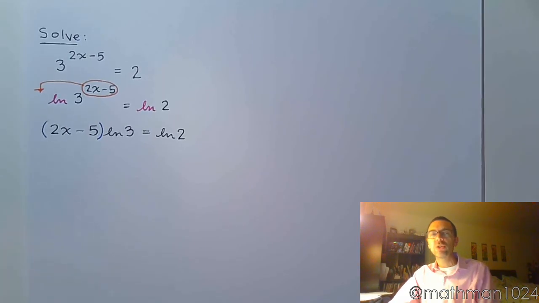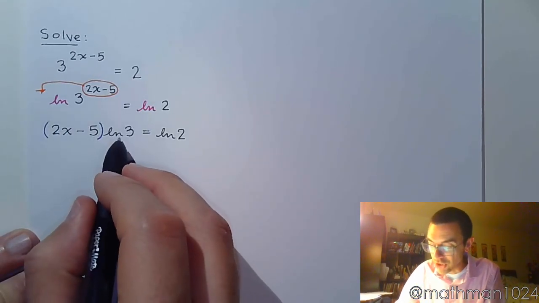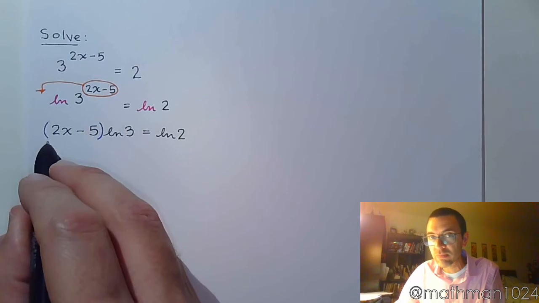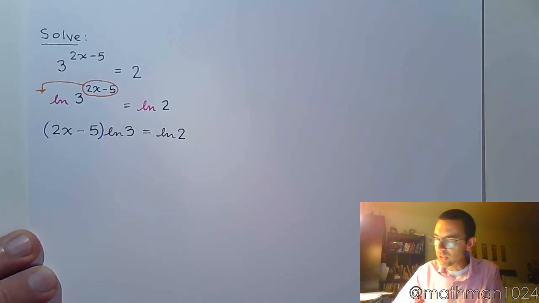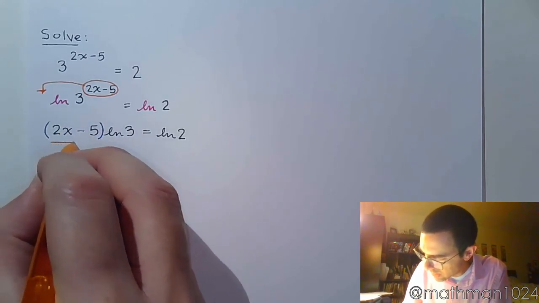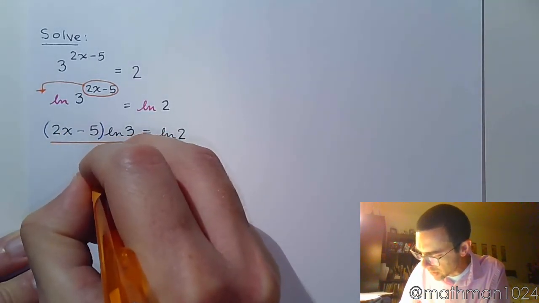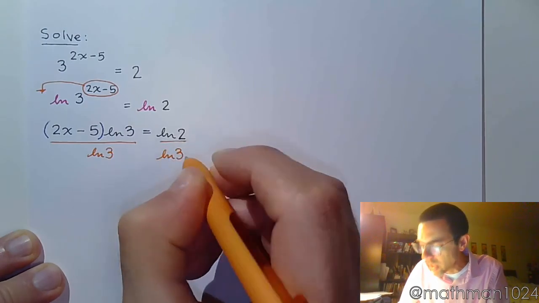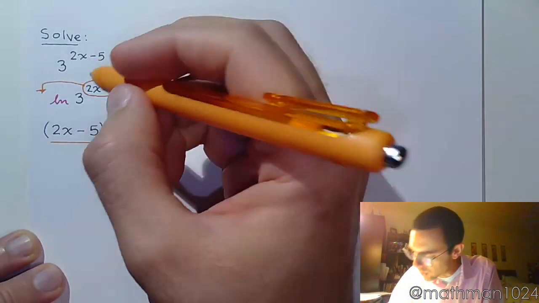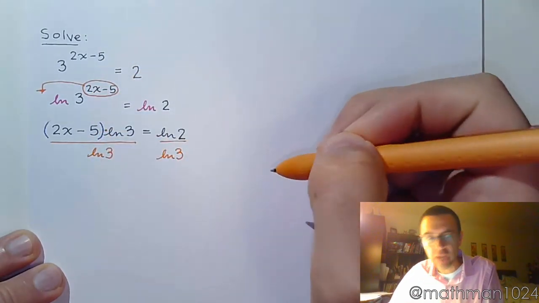All right, so you've got a couple of different ways to play this. Right now, you could distribute the natural log of 3 into this. But for this problem, I think that's a bit unnecessary. So instead, if you divide both sides by the natural log of 3, and the reason I'm doing that is because you have the set of parentheses times that natural log of 3.